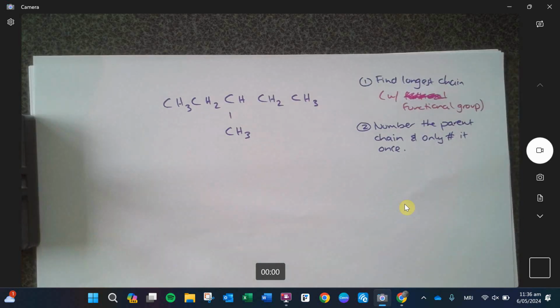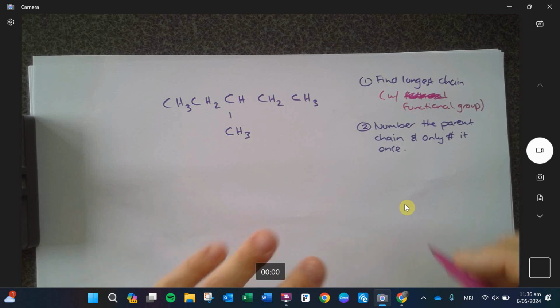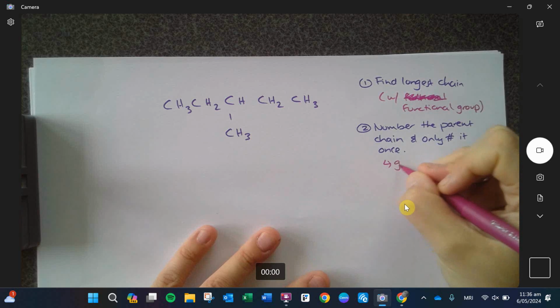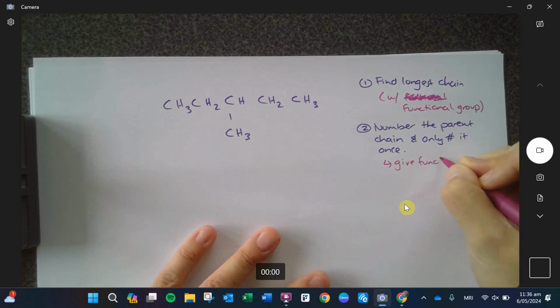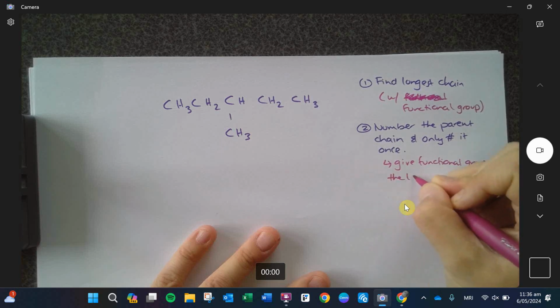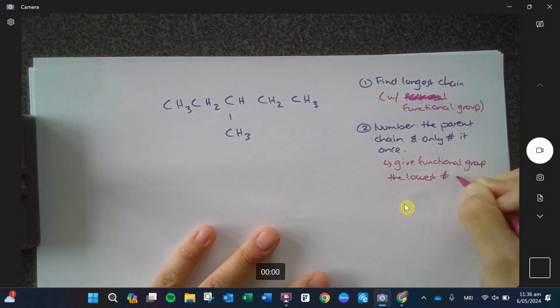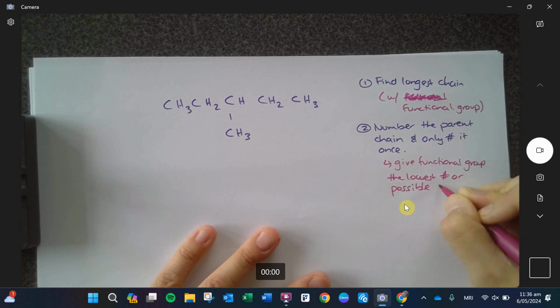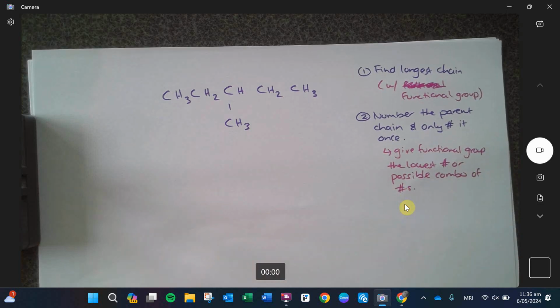Now, when we are doing this, some things to keep in mind: we want to number to create one of two things. The first thing that we want to do, if we have them, is to give the functional group the lowest possible numbers. Again, I'll talk about that later in the second part of the notes.